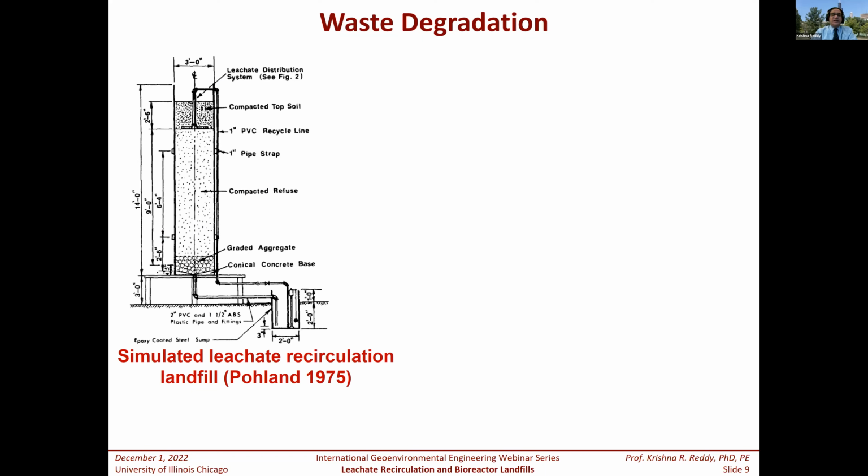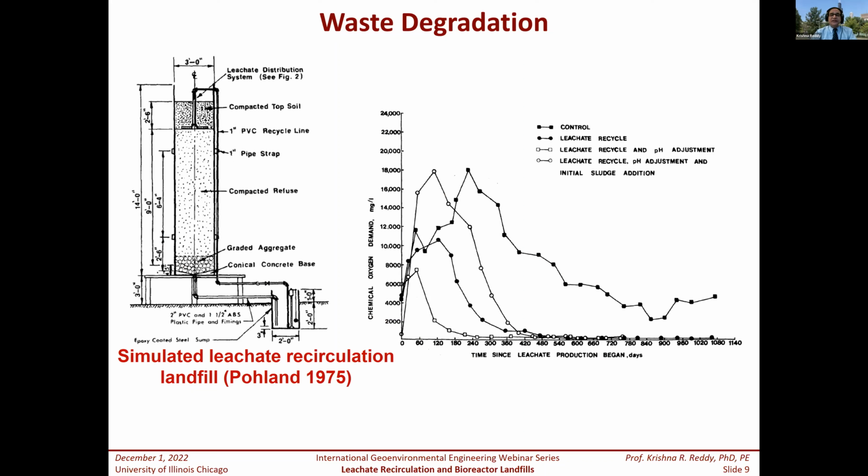Basically, he took waste in a big column and recirculated the leachate, and he found that the leachate comes out cleaner and cleaner with time. Because the leachate is going inside, and the biological activity that is taking place makes the leachate come out clean.